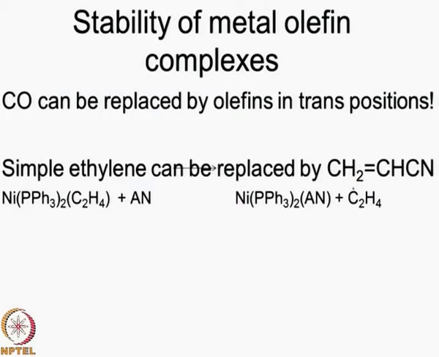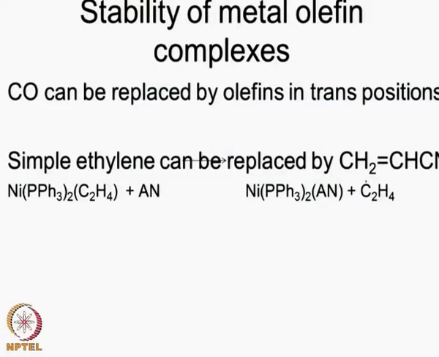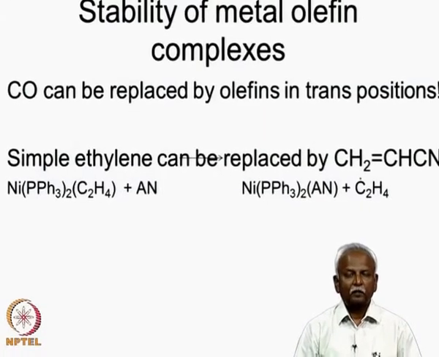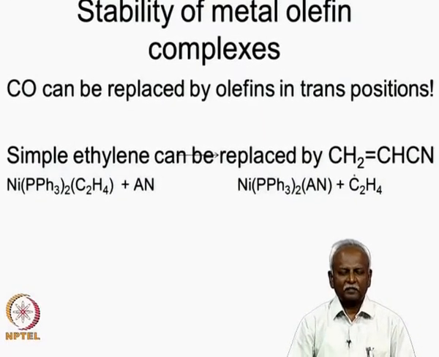Now, we have discussed a few methods of making metal olefin complexes, and we have discussed during this process the reasons for their stability, but let us just systematize them and collect our thoughts together.